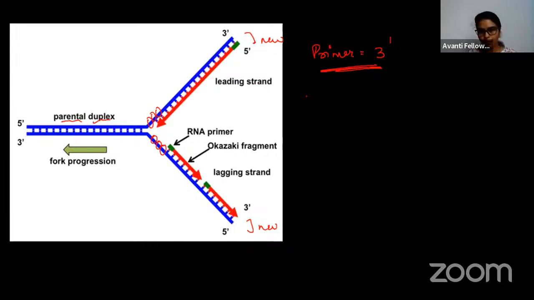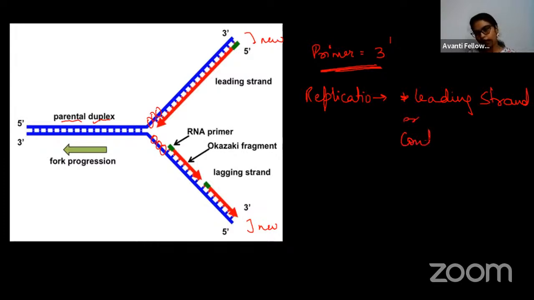Okay, so from the replication, we are going to get the two strands. One is leading strand, also called continuous strand.